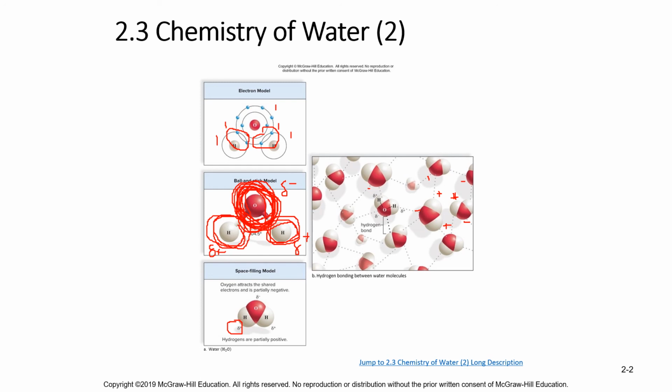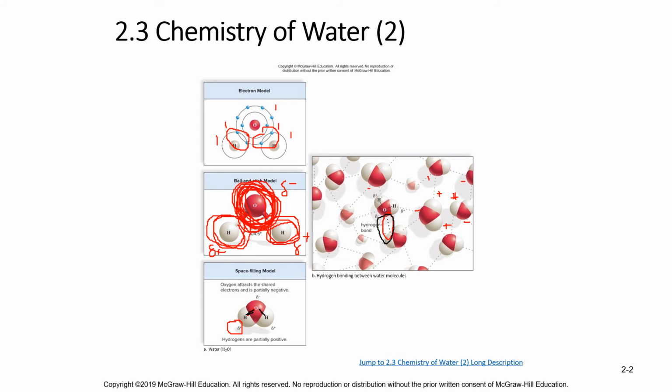And they can align. You can see this dotted line here. Covalent bonds are typically represented by solid lines, ionic by dashes, and hydrogen bonds by dots.